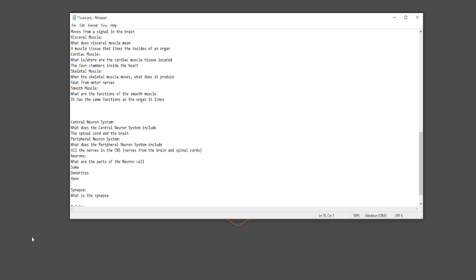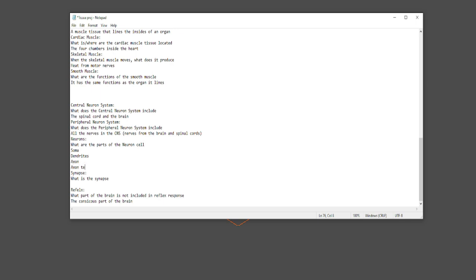So dendrites would gain it, and axon would dispense it. And finally, the axon terminal, which in a neuron cell, there's only one of.